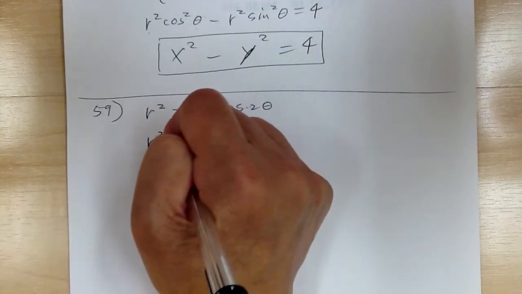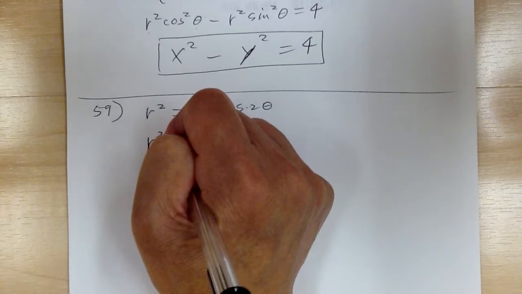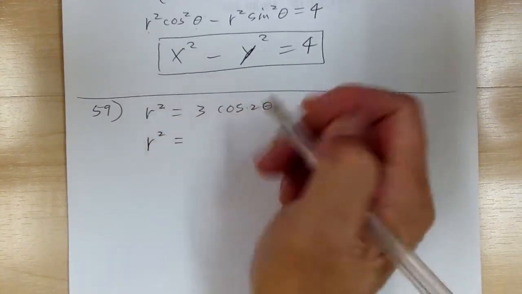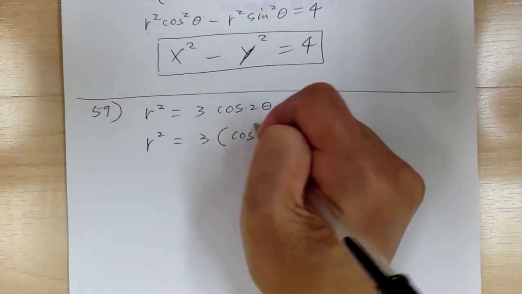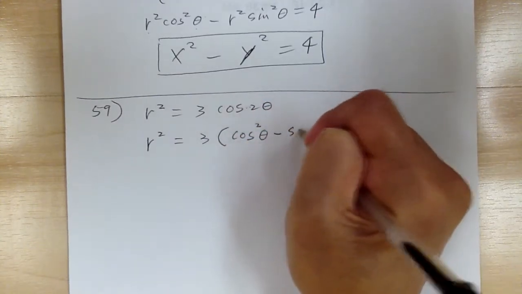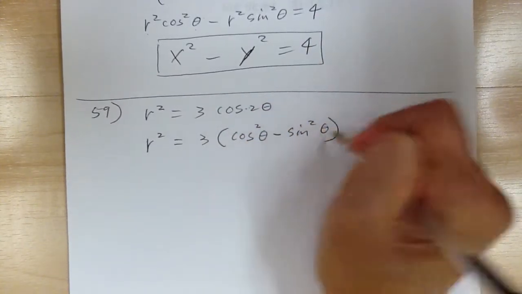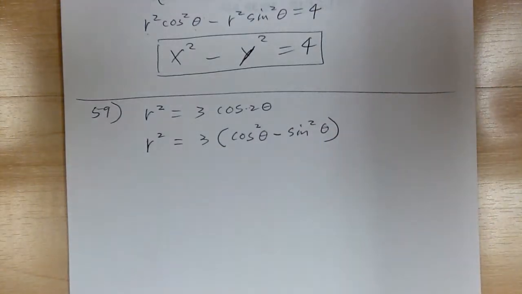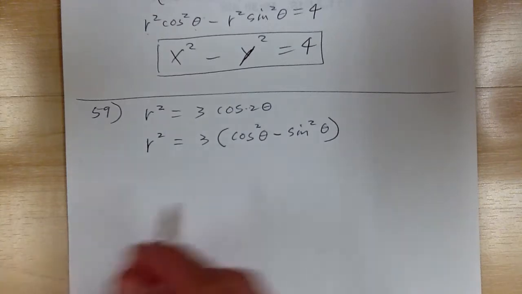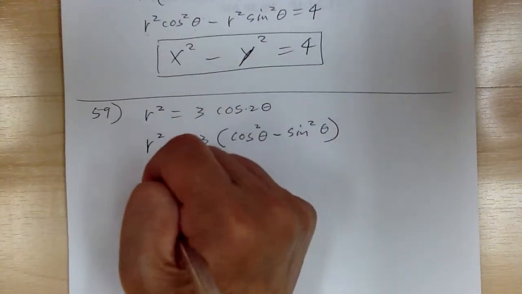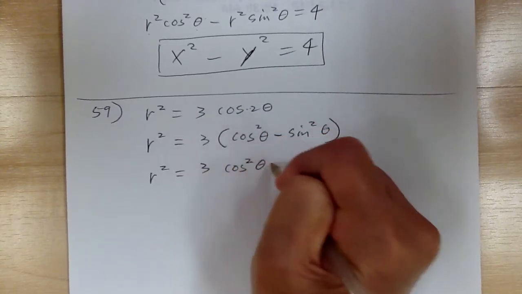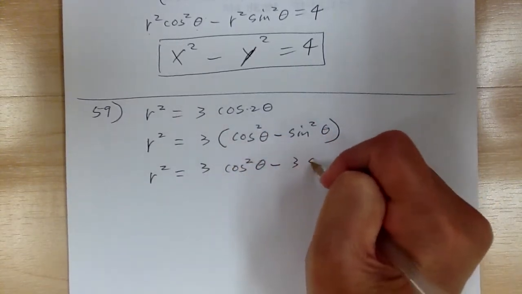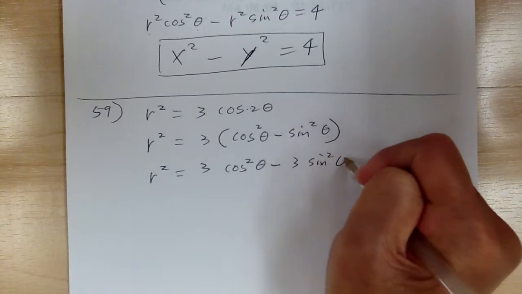So your r squared equal to 3 times, so you're going to get cosine squared theta minus sine squared theta. Okay, so now you go and multiply out. So you're going to get r squared equal to 3 cosine squared theta minus 3 sine squared theta.